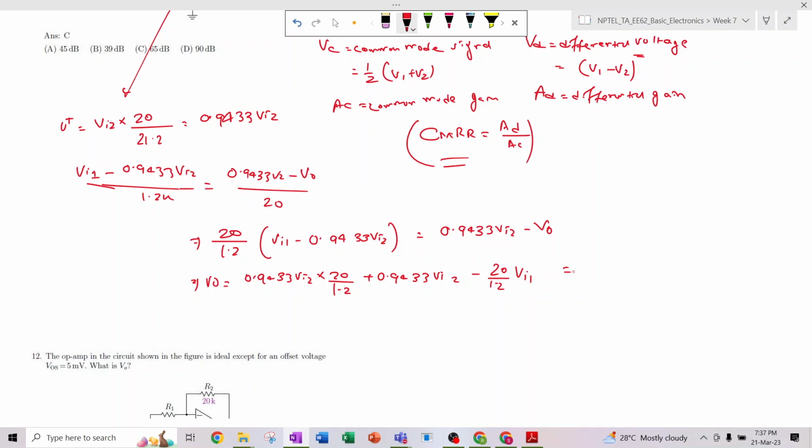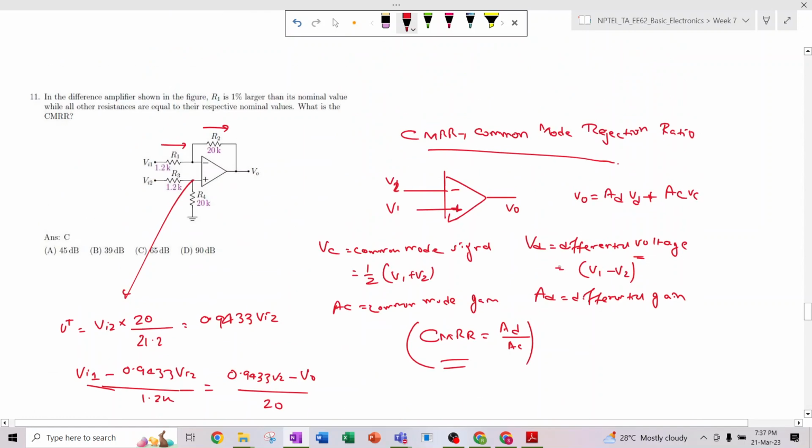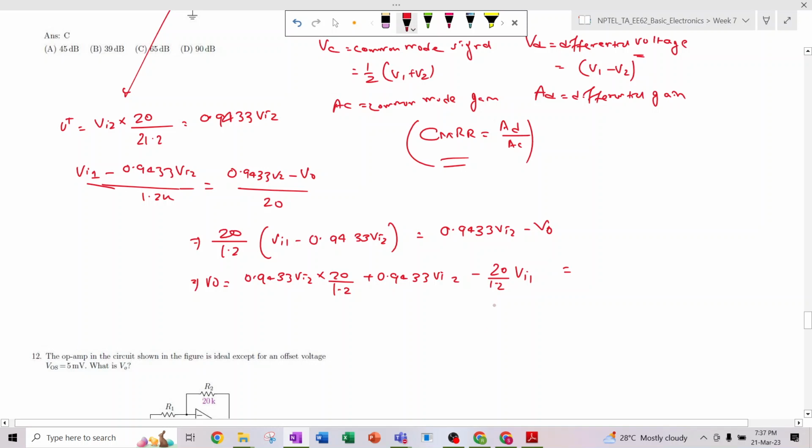So now how much voltage? This value will be 20 divided by 1.2, which is 16.66 Vi1, and this thing will be 16.66 Vi2 minus Vi1.